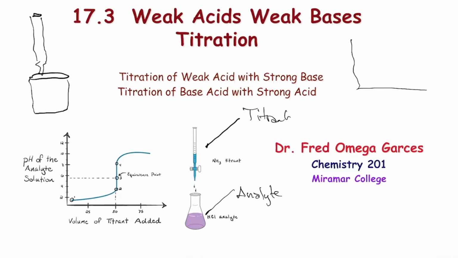If your titration curve starts below 7, then remember, you are monitoring the analyte. You're looking at that with a pH meter. If your pH is below 7, that analyte's an acid. If your titration curve starts above 7, then that analyte's a base.